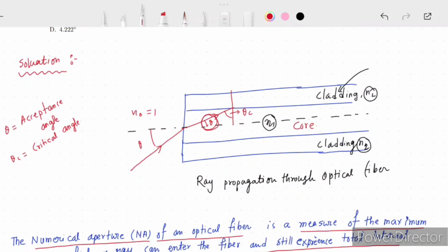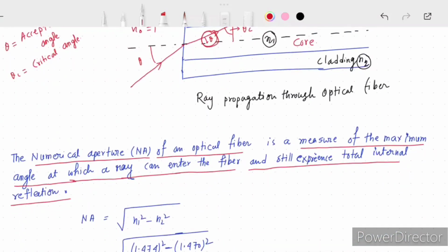This angle has a maximum value for which the light will experience total internal reflection. This maximum value is related to the refractive indices of the cladding and core, and this is the relationship. N1 is the refractive index of the core, N2 is the refractive index of the cladding.